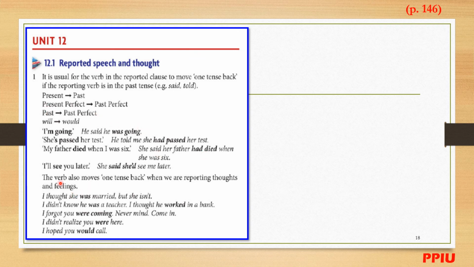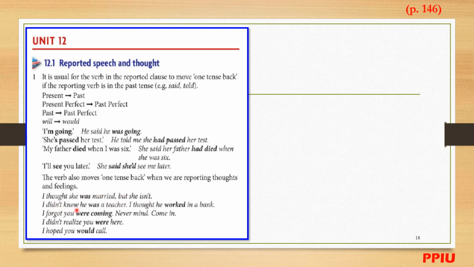Alright? I'll see you later. He said she'd see me later. So will changes to would in here. Alright? The verb also moves one tense back when we are reporting thoughts and feelings. I thought she was married, but she isn't.